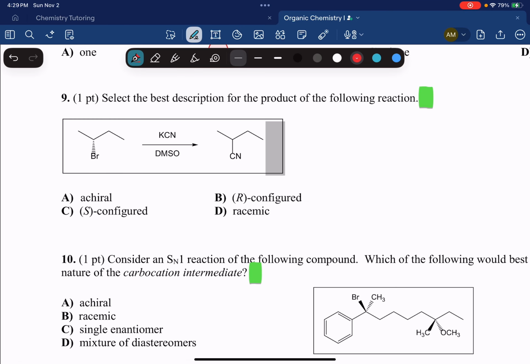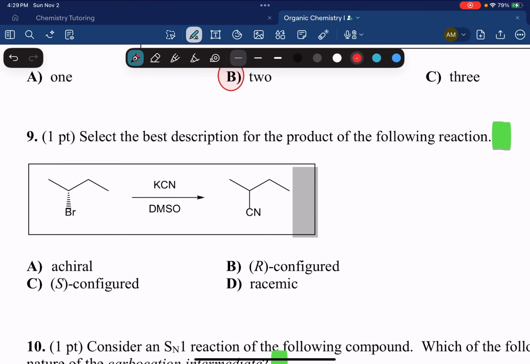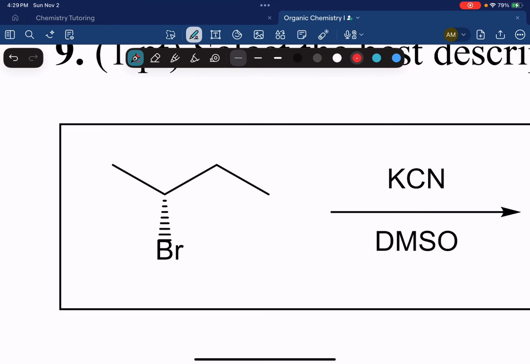Now, remember I told you it's going to ask for like the best description of the final product. So let's look at this. This bromine. What kind of alkyl halide is this?